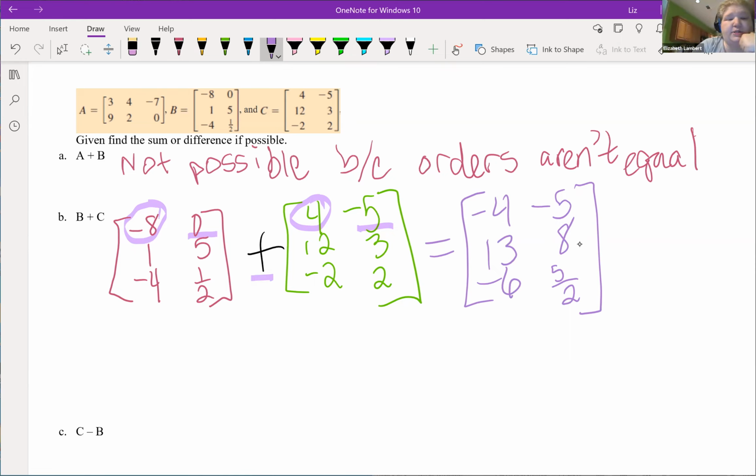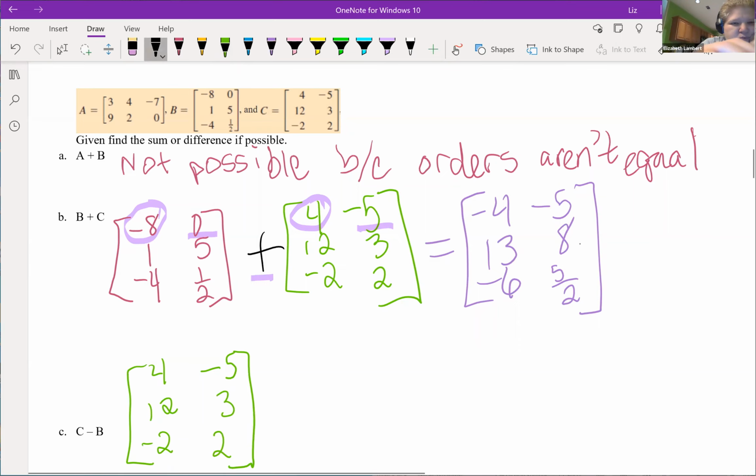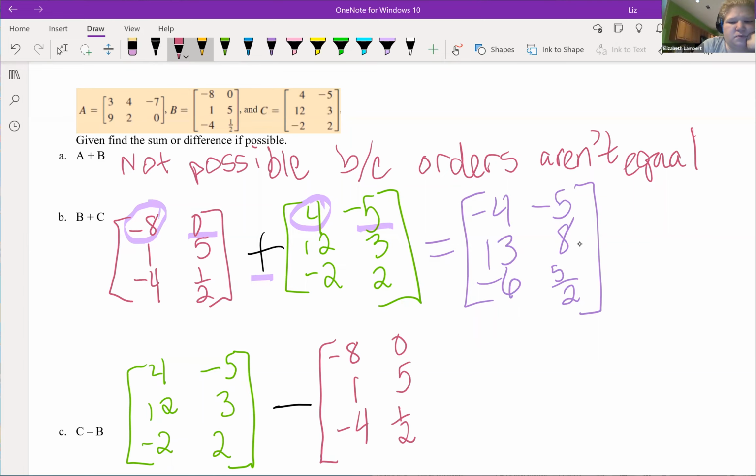All right. Now we're going to do C minus B. So let me copy C first, because the order here is going to make a difference. Meaning C minus B is not the same as B minus C. All right.